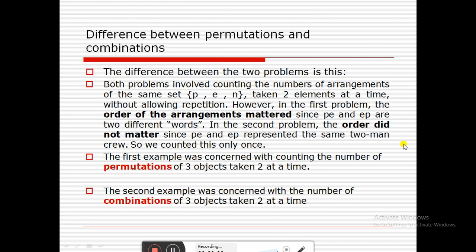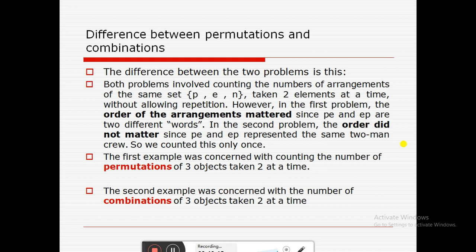So the difference between permutation and combination is that both problems involve counting. Even permutation and combination involve counting the number of arrangements of the same set, that is P, E, N, taken two elements at a time without allowing repetition. However, in the first problem, the order of arrangement mattered.